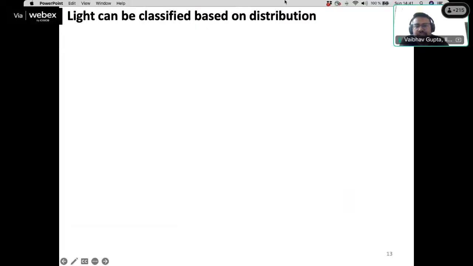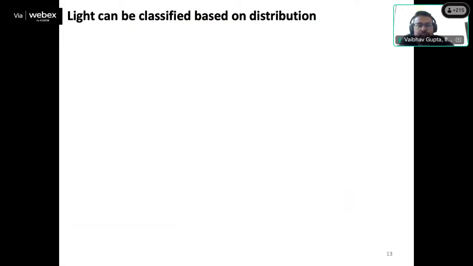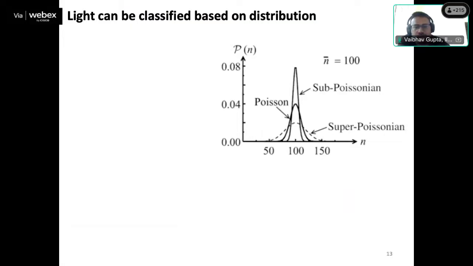Now, depending on these distributions, actually we can also classify the light. We can say different types of lights depending on these distributions. So you can see here, here's the probability, here's the number of photons, and here we have defined 3 terms: Poissonian, which is this one, then sub-Poissonian, which goes up and is a bit narrow, and then super Poissonian.